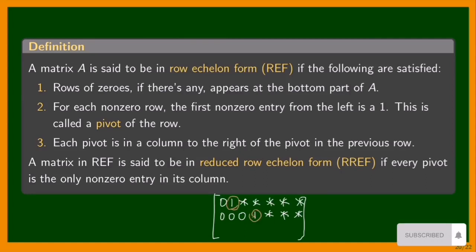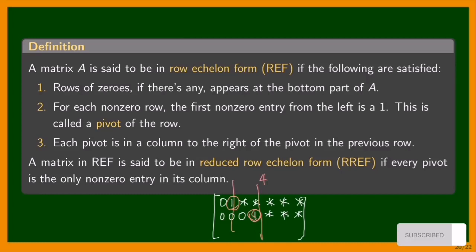Now, let's look at this pivot. The pivot on the second, and the fourth column. The pivot on the fourth column must be to the right. Each pivot, for example, itong pivot na to, itong 1, is in a column, fourth column, to the right of the pivot in the previous row.